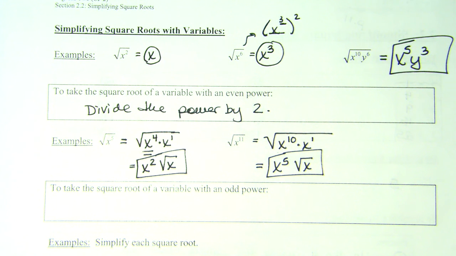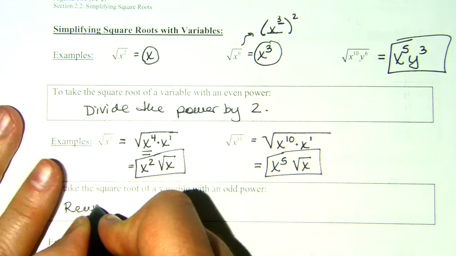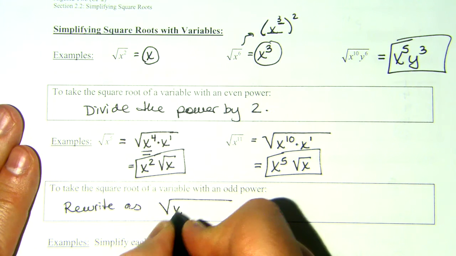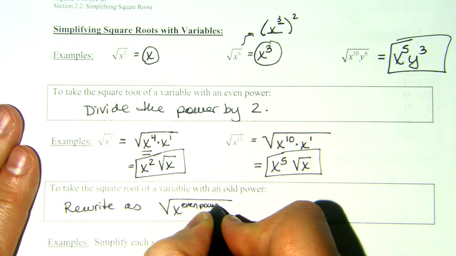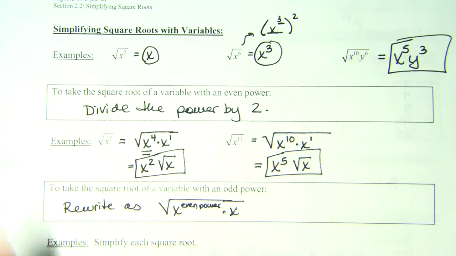To take the square root of a variable with an odd power, we are going to rewrite as the square root of x to an even power times x.